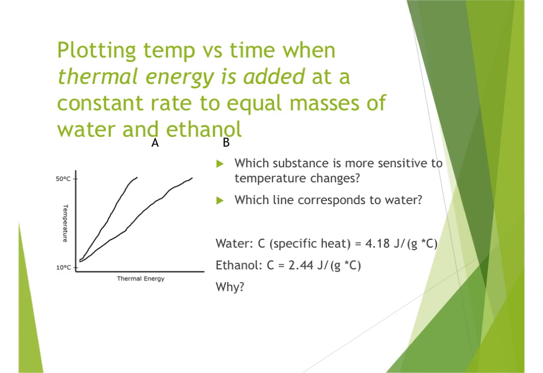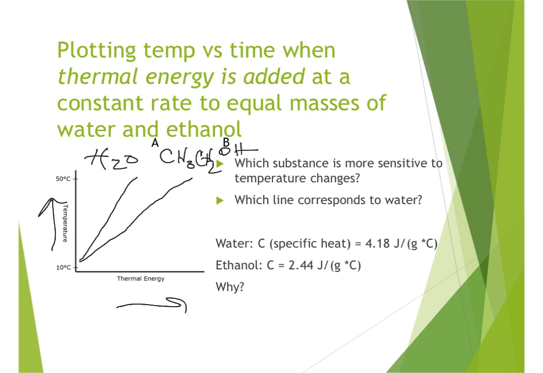So we have talked about specific heat capacity in a theoretical way. But as I told you, we're going to have a lot of graphs in this class. So what if we graph temperature versus thermal energy, okay? And one of these substances is water, and one of them is ethanol, which I wouldn't expect you to know the formula, but this is it, CH3CH2OH.